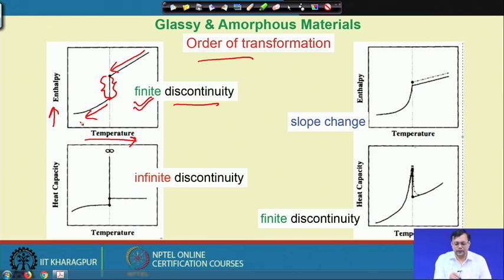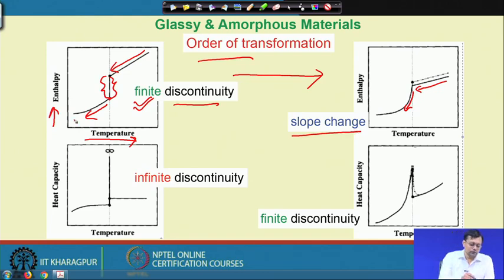Okay. But in the second case, when we cool it down, there is only a slope change. Now, for the same phase transition, if we see the heat capacity change, then there is an infinite discontinuity here.